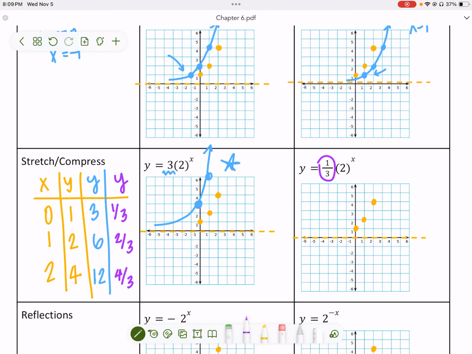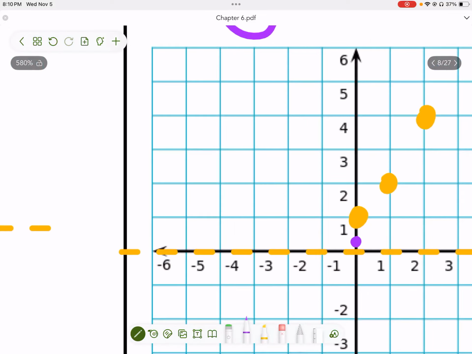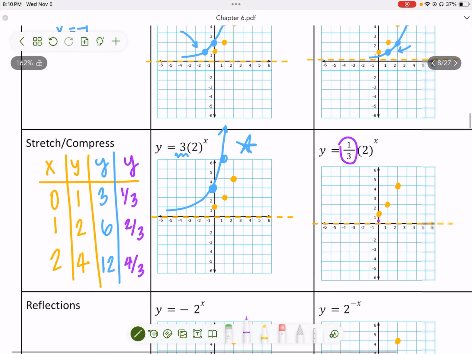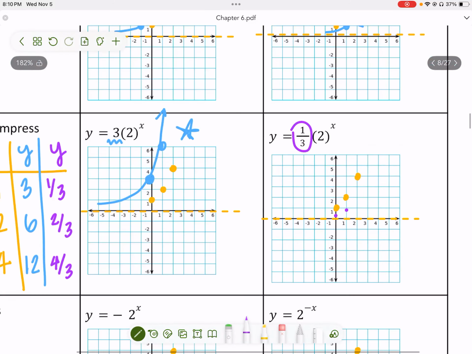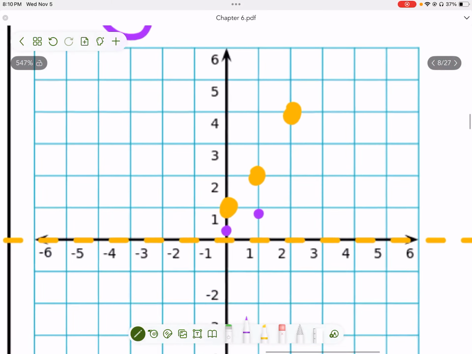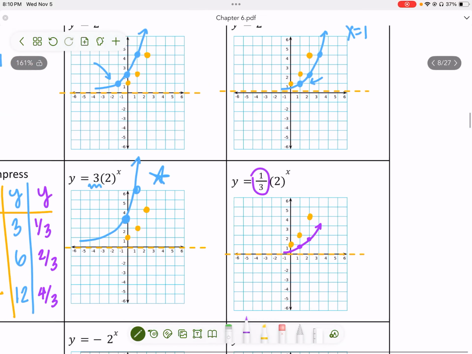So now we have 0 and a third, 1 and 2/3, and 2 and 4/3. So notice that we are increasing much more slowly. Much, much more slowly.